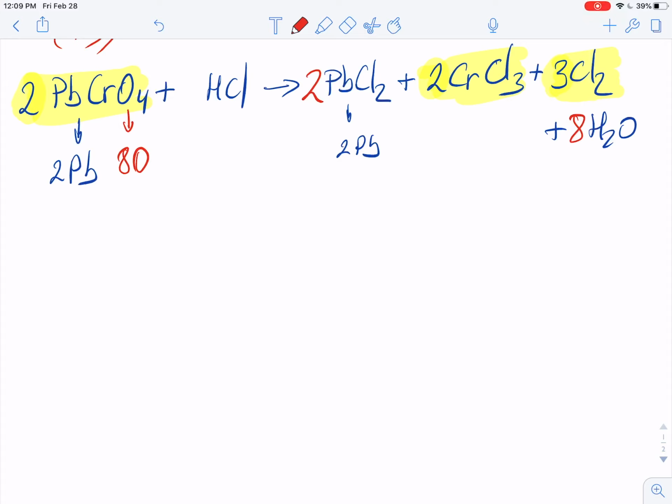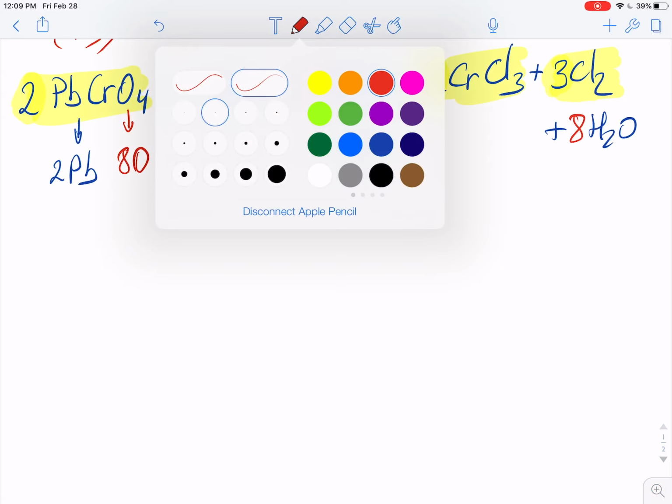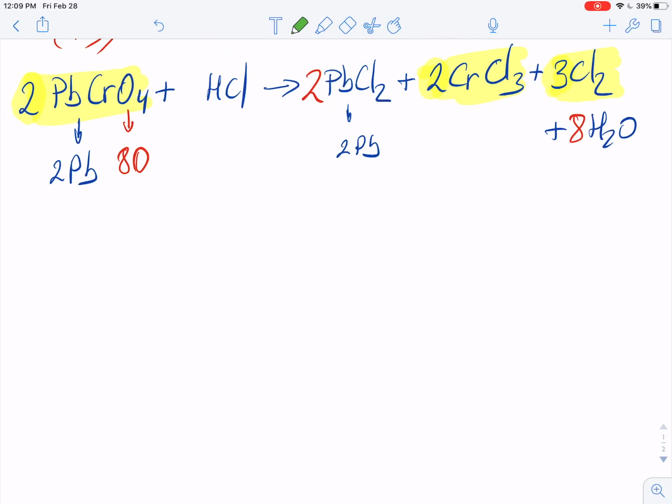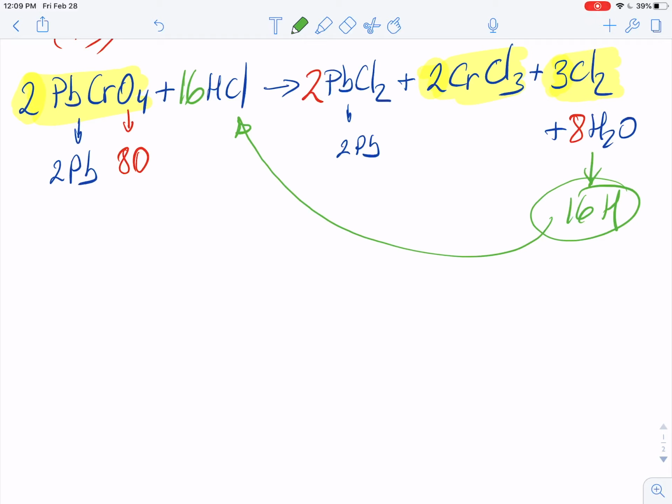If you cannot balance after changing those numbers, then you have room to play. But out of that one, this is telling you that you need 16 hydrogens. And because you have 16 hydrogens there, that's why you put a 16 here on the hydrochloric acid.